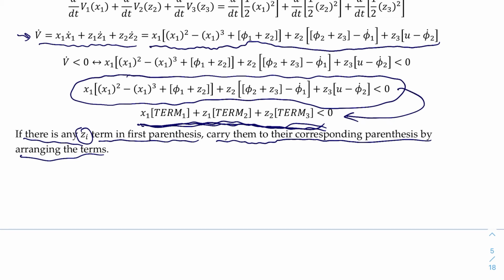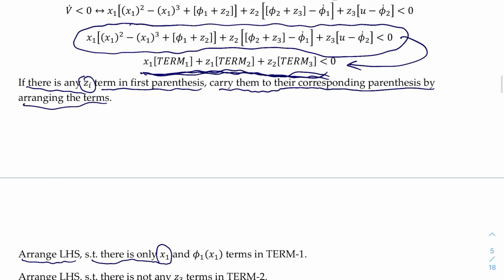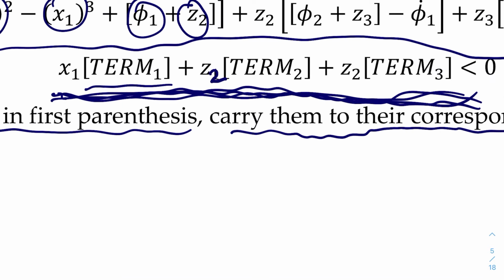From here to here we need to go. Arrange the left hand side such that there are only x1 and phi1 terms in term 1. So this is x1, this is x1, this is phi1, but this is z2. By looking at the structure of that expression, we can say that this is a terrible typo: z2 and z3.